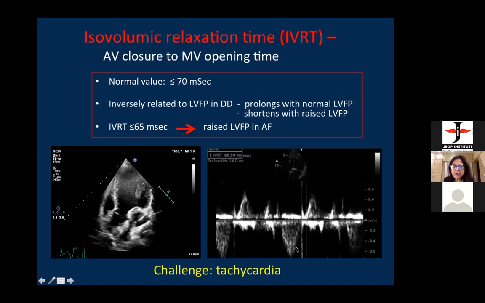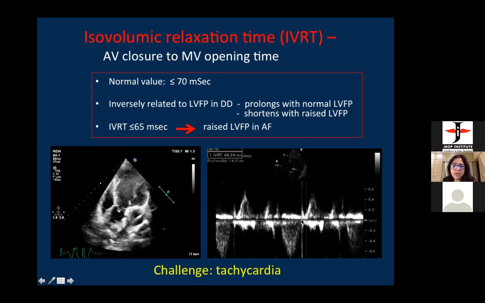If you can identify the aortic flow, it begins from here. This is the systole and it ends here, so the aortic valve closes here. Clear? Yes, ma'am. So isovolumic relaxation time starts from the aortic valve closure. Next we look for the mitral valve opening. This is the E wave and this is the A wave.